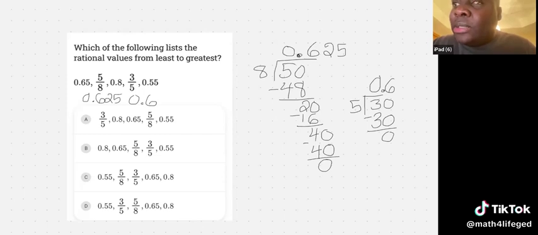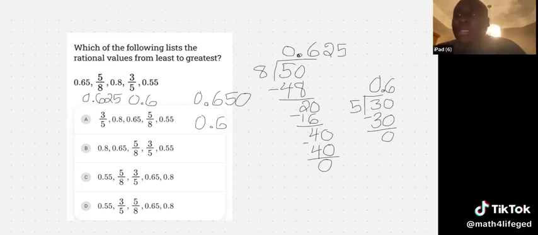And 0.625 already has three decimal places. 0.8 will be 0.800, right?